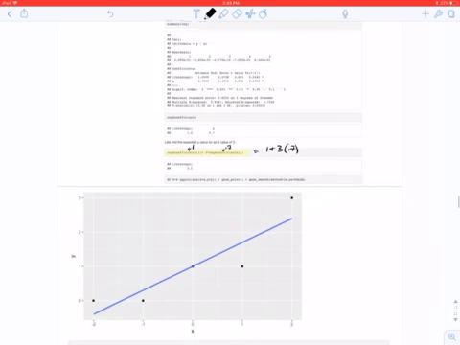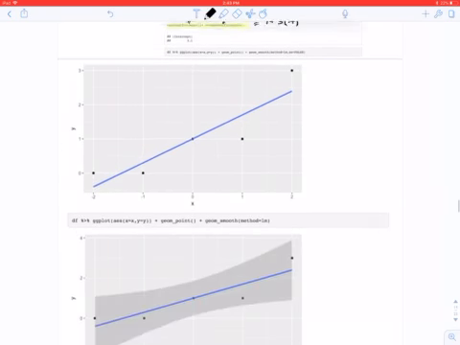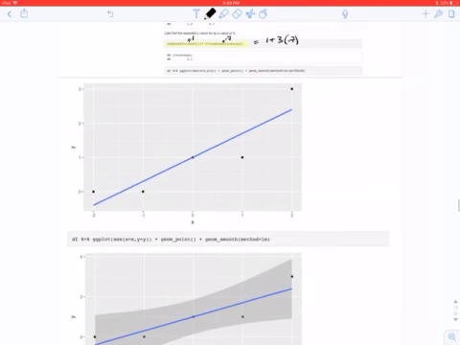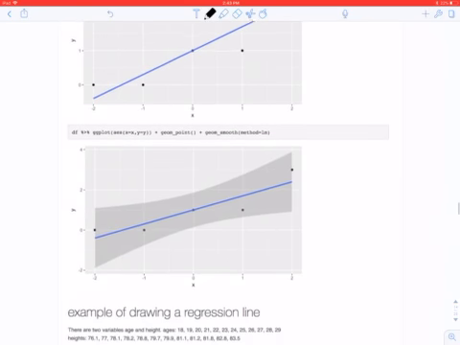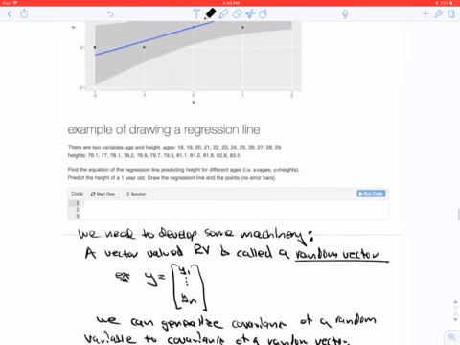So we get 1 plus 3 times 0.7, right, which is 3.1. So you can graph the regression line this way. If you want to look at error bars, you can do that as well.